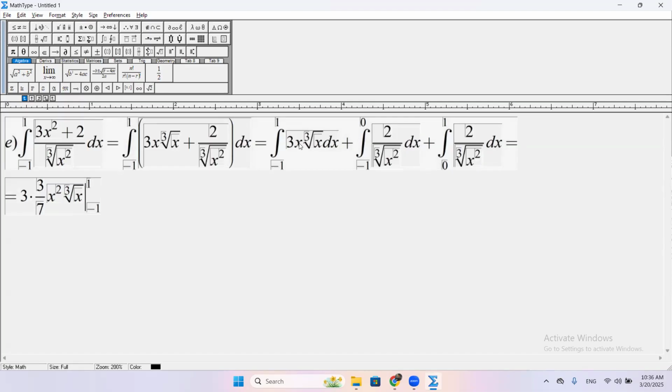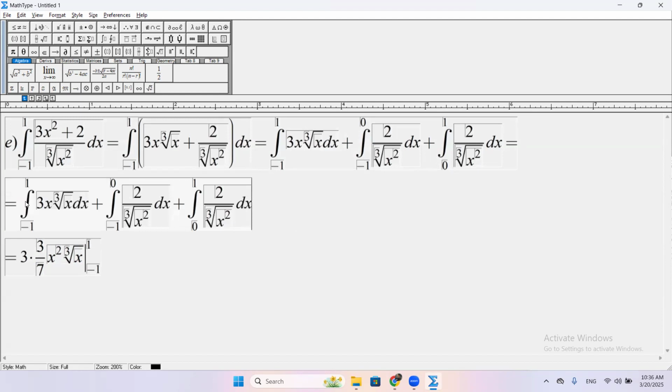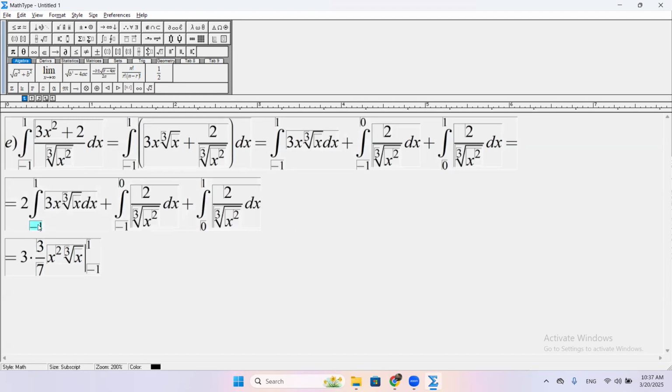By the way, this function is even, so f of minus x equals f of x, and this integral can be even more simplified. I will show you. It is just a property of such integrals. So it will be equal to this, with substitutions from 0 to 1.